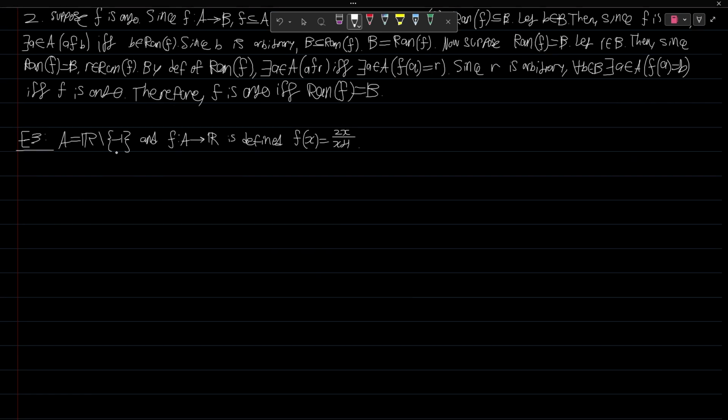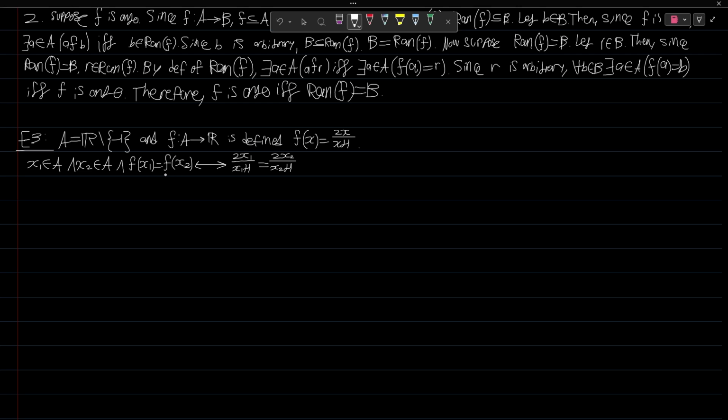If you let A be R not the set of negative 1, or just the set of real numbers without the element negative 1, and define a function f from A to the real numbers as f of x is equal to 2x on x plus 1. Well, is this function one-to-one or onto or both or neither? Well, if you let x1 and x2 be arbitrary elements of A, then let f of x1 be equal to f of x2.